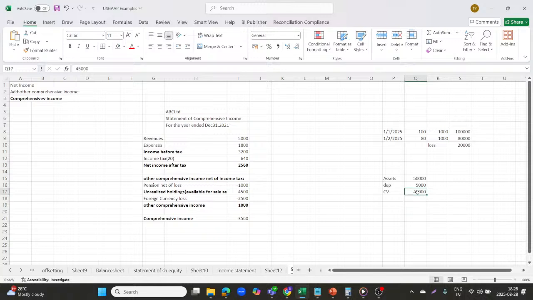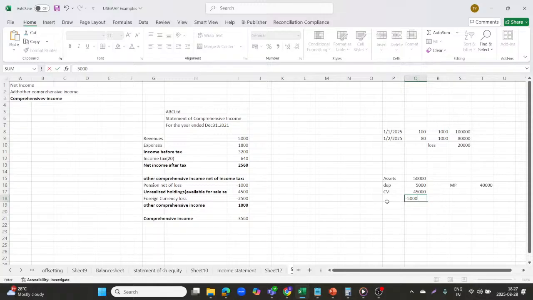Now if I sell it today in the market, I am still holding it, I am just seeing the market value. So the market price of it is 40,000. That means you have overcharged in the books. In your books this asset is shown at 45,000, but the market price shows 40,000. So you are overstating your asset in your books of account. So you need to reduce it by 5,000.